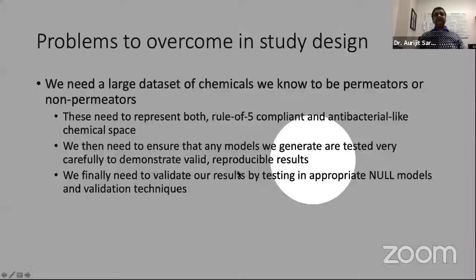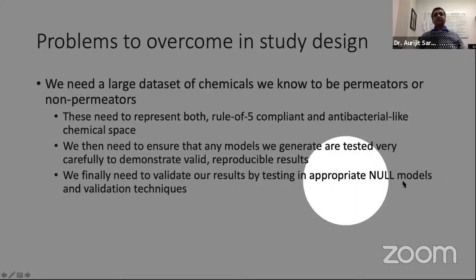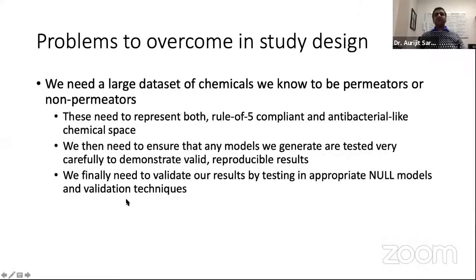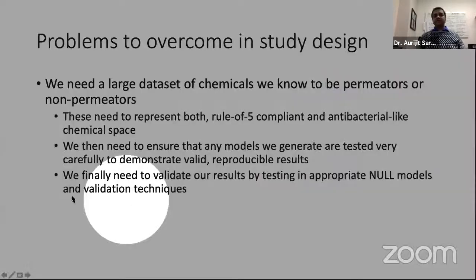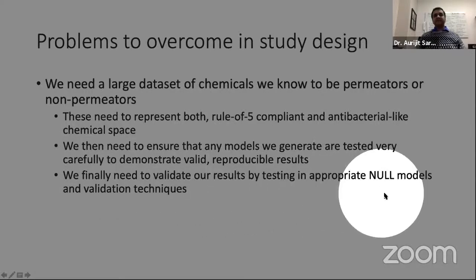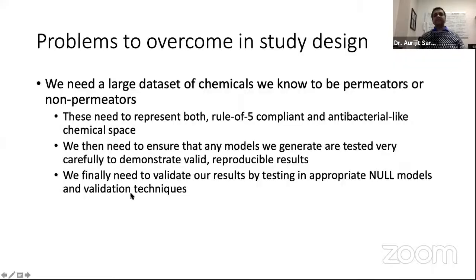And we finally need to validate our results by testing in appropriate null models and validation techniques. I won't be presenting too much about this last part, but my most recent publication from last year on the chemical space of antimicrobial discovery is available online. You can definitely read it. If you need help getting access to it, please just let me know.